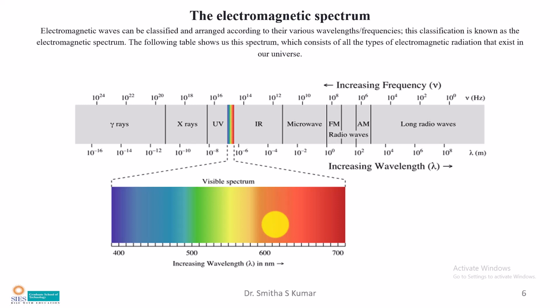As we can see, the visible spectrum, that is the light that we can see with our eyes, makes up only a small fraction of the different types of radiations that exist. To the right of the visible spectrum, we find the types of energy that are lower in frequency and thus longer in wavelength than visible light.